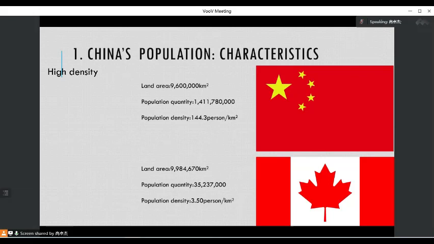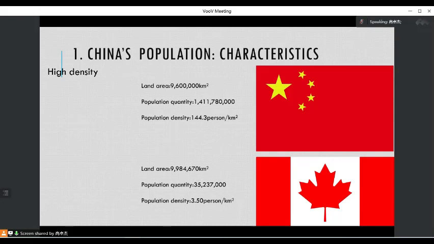The picture shows the data comparison between China and Canada. China's land area is about 9.6 million square kilometers. The land area of Canada is about 9.9 million square kilometers.